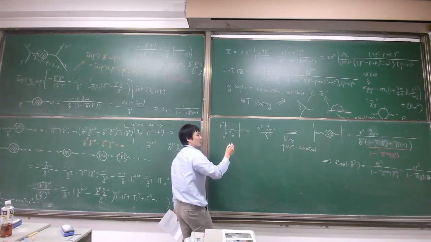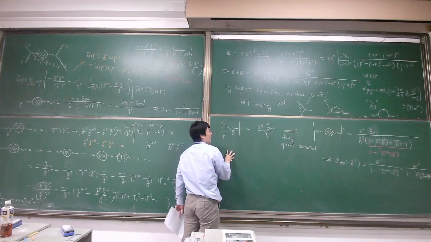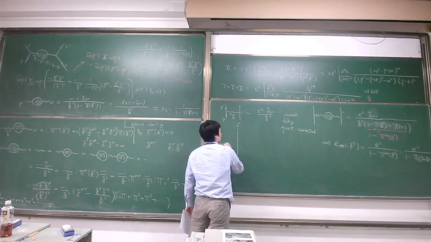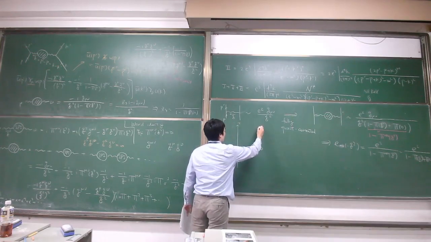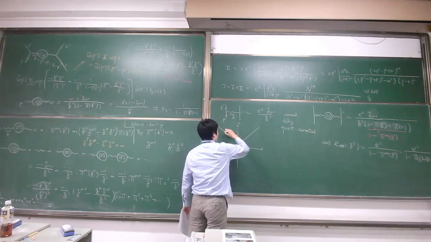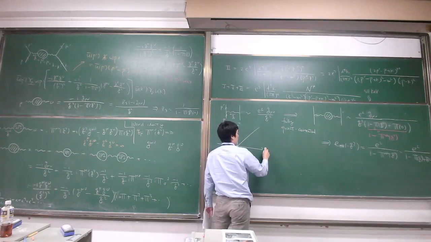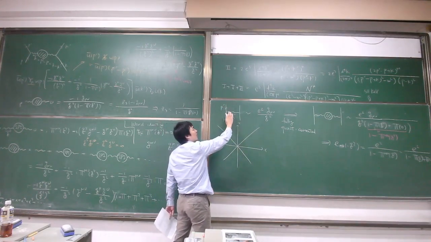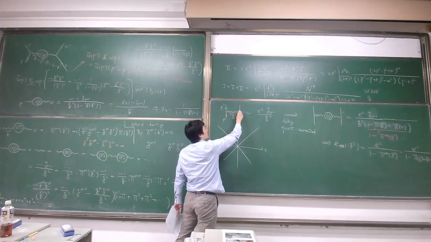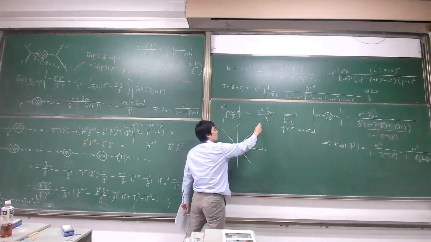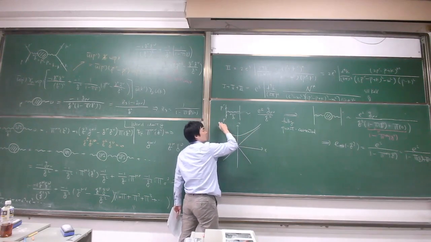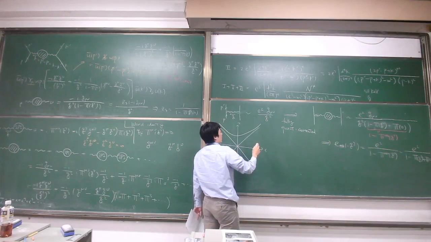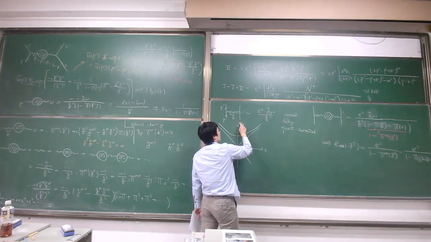So this is time, and this is space, and this is the light cone, and this solid straight line is the electron. Therefore, it should satisfy the equation of motion, which means like this, if you consider E and P.